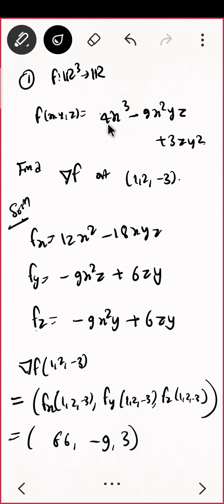But the function need not be this always. I'll show you in the next example. Tell me once you are done verifying. This is 3 directly because this will be minus 18 plus 12, minus 18 plus 12. So that's why.